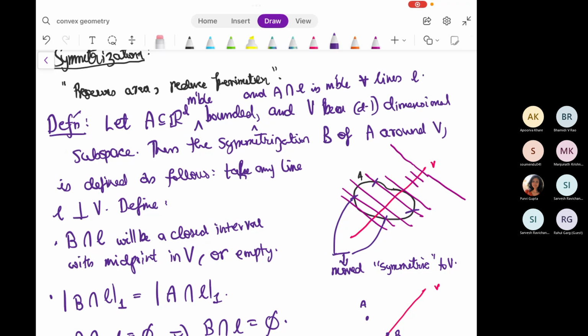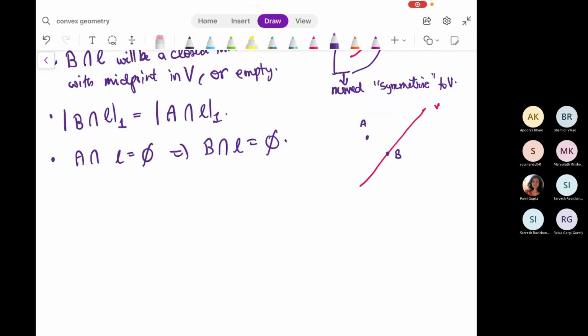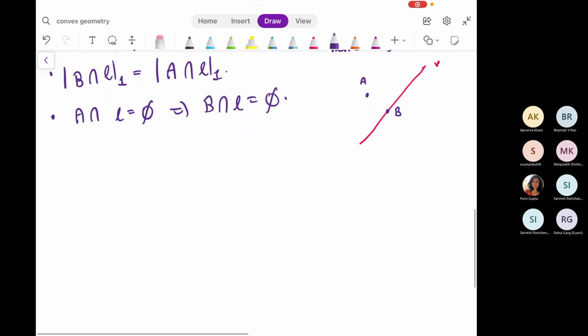There should not be a problem for convex sets. Yeah, this needs to be part of the hypothesis. Thank you for pointing this out, because I think we will be working with sets which are good enough.